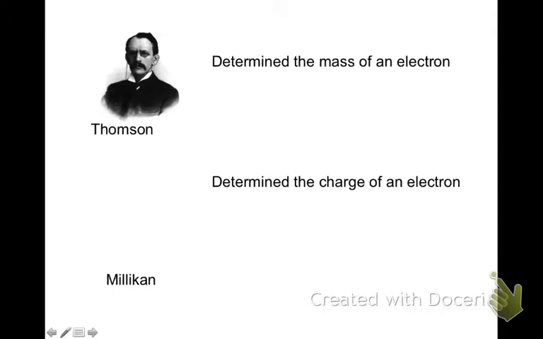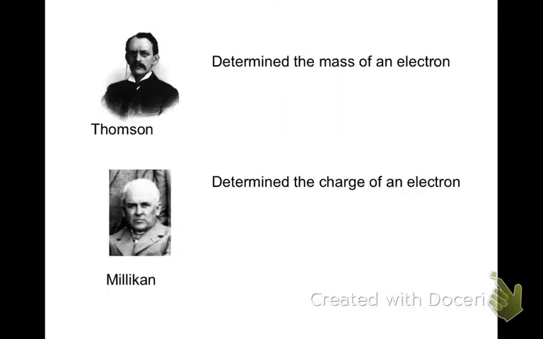So what Thomson ended up doing was determine the mass of an electron. The reason that we know that an electron is about 2,000 times smaller than the smallest atom, or 1/1837th of an AMU, is because of Thomson's work, which he also used a cathode ray tube. So he figured out the mass. And then Robert Millikan later on determined the exact charge, not just that it was -1, but actually in units called coulombs.